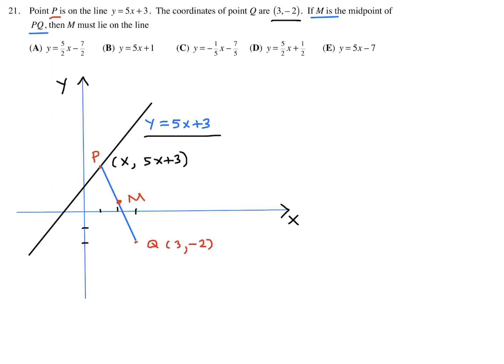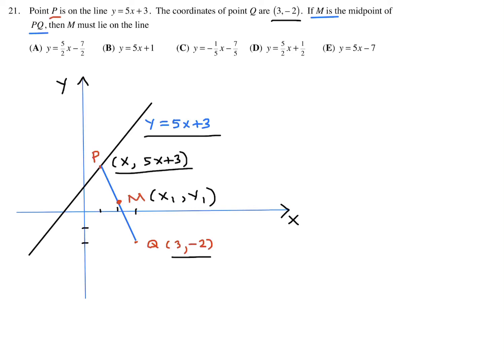You remember how to figure out the midpoint of 2 points. This is the first point, this is the second point. You add the coordinates and you divide by 2. So M is going to have some sort of coordinate here, whatever you want to call it, x1, y1. I think that should be good enough.